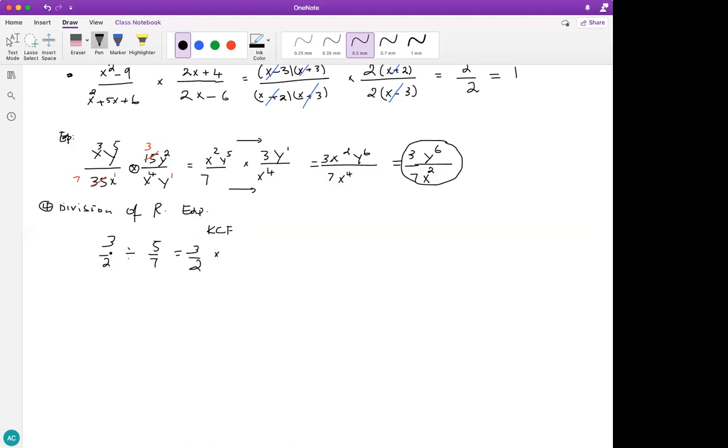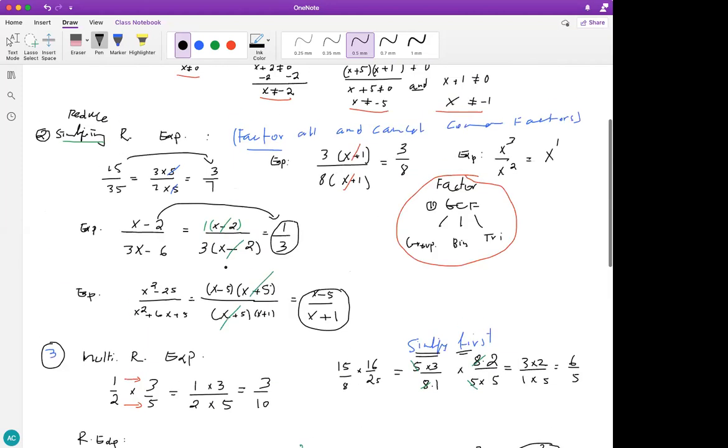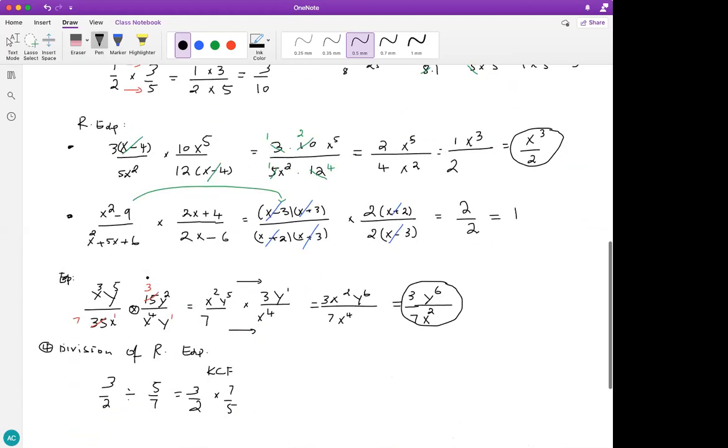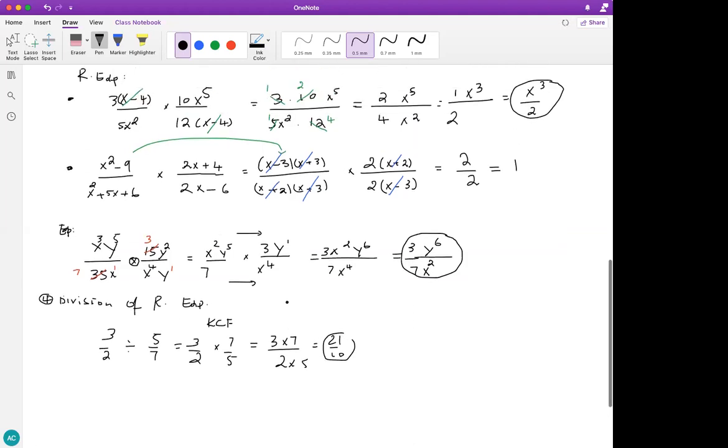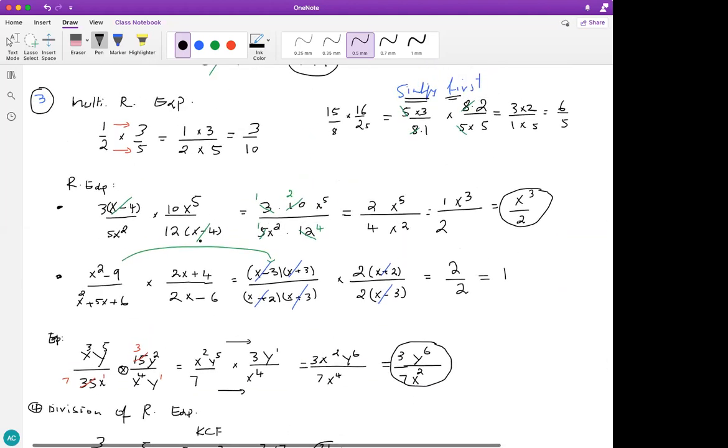Okay, so keep the first one, change the division into a multiplication, flip the second one, 7/5. As you can see now, we can go ahead and multiply straight across. But before that, always try to reduce if possible. Doesn't look like we need to reduce anything here. You can go ahead and say 3 times 7, 2 times 5, which is 21/10. That's your final answer, you can't reduce. Basically, division is just an extra step from multiplication.